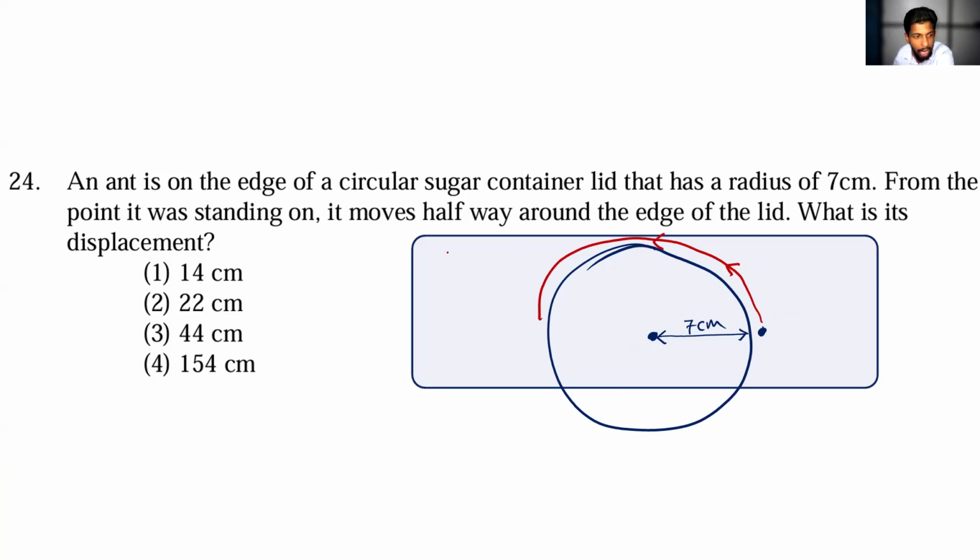He has traveled halfway, right here. So now he is here. Starting point and the ending. Now what will be the answer, Bilal? They are asking the displacement, right? What is the distance between the starting and the ending point?